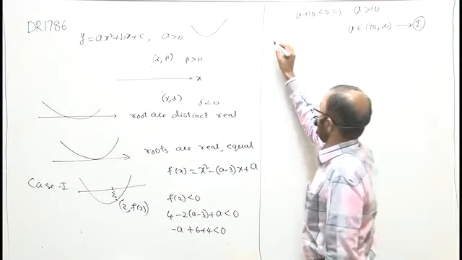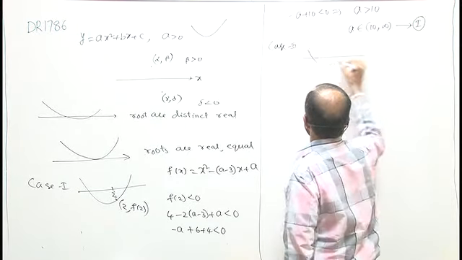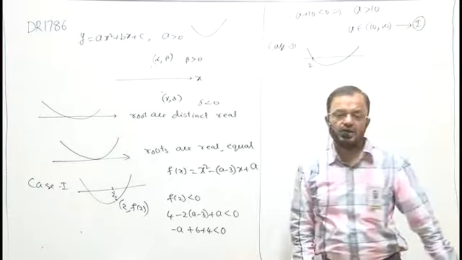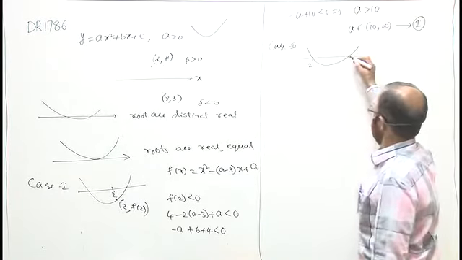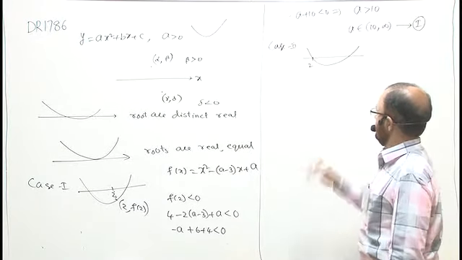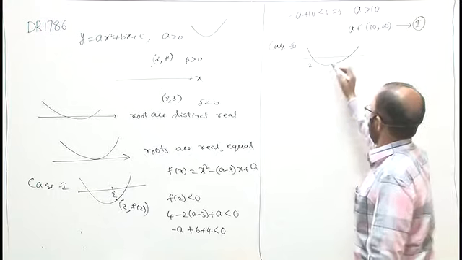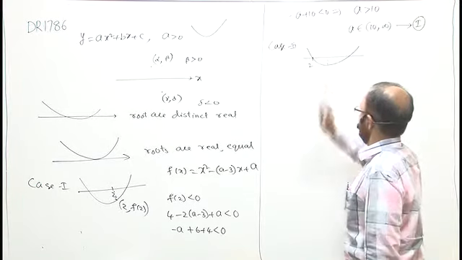I come to the second case. One root is equal to 2 and other root is bigger than 2. This is a number, is a root which is bigger than 2. Now I can say that the vertex here will be greater than this.